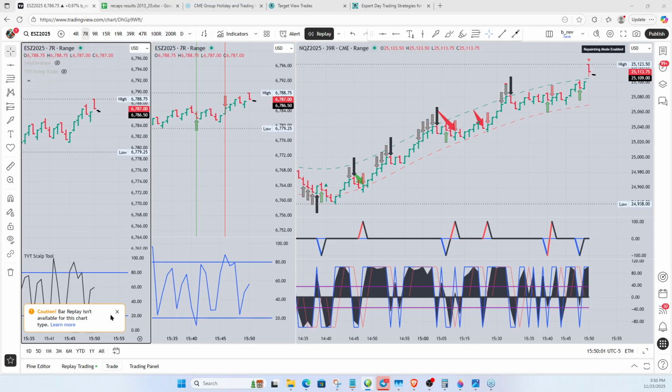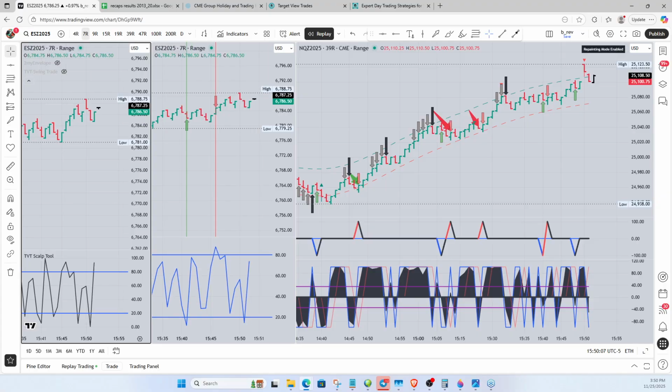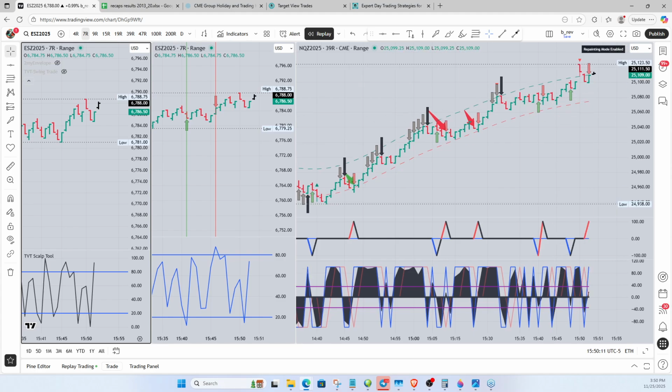So over here, bar replay. Wow, guys, that just gapped up and it just gave me a whole bunch. I think it gave me 50 ticks or something like that. I'm reluctant to take that short right there. Let me just go look what it actually gave me there.